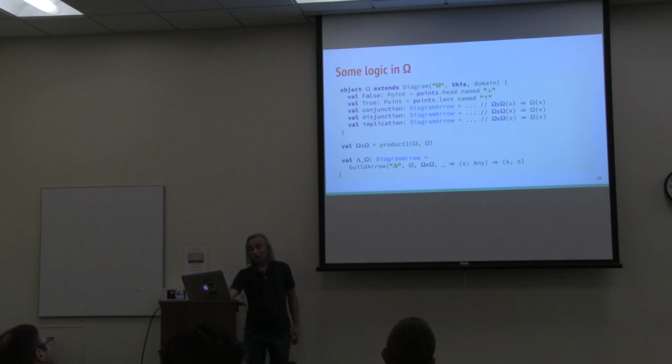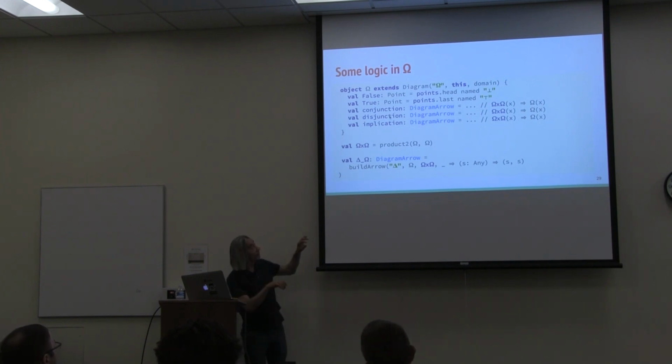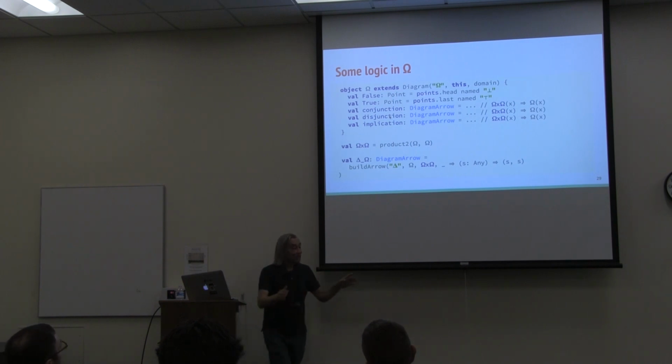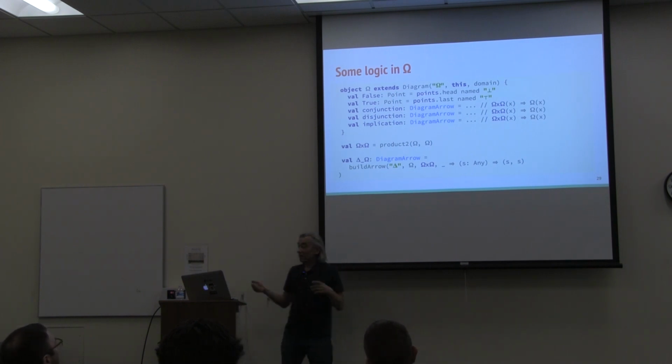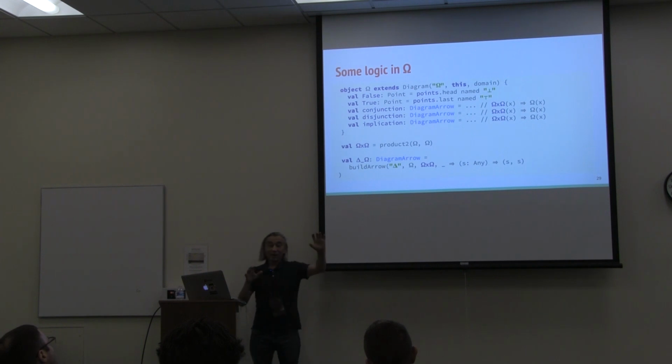So we have false, which is just the first possible point, and true, which is the biggest point in omega. And we have the conjunction operation, from omega cross omega to omega. All these operations are defined on the subobject classifier, and they represent the idea of conjunction.